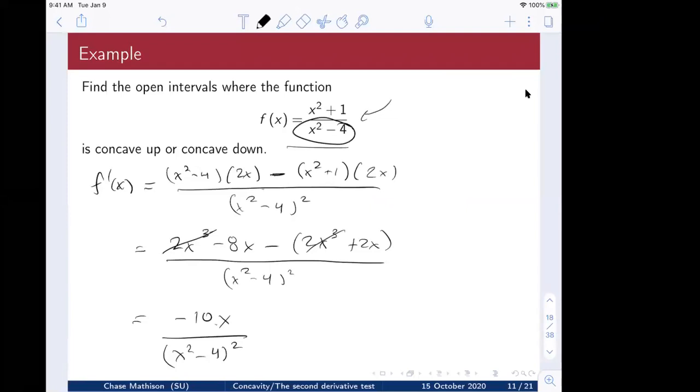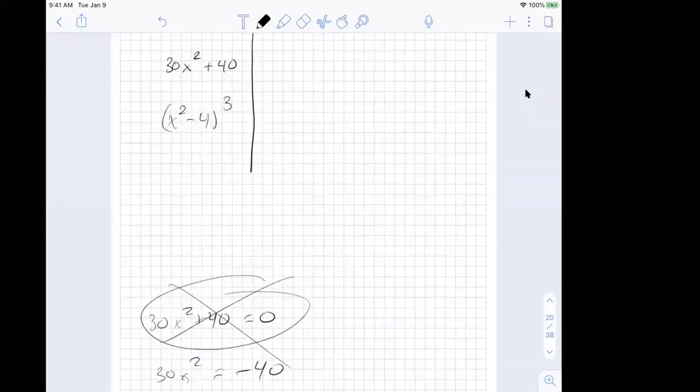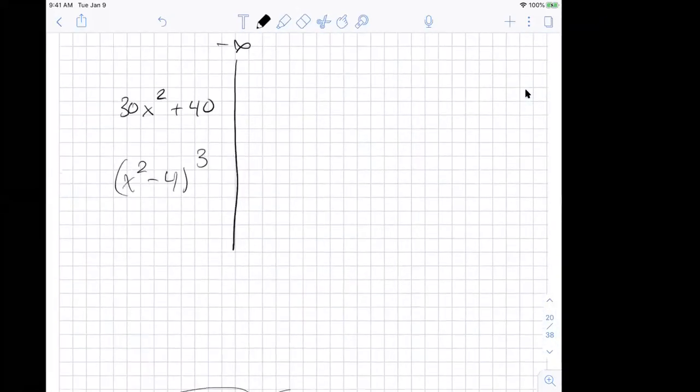If the bottom is 0, f is undefined. So you need to include those in your table because, even though there aren't any critical numbers there technically, or any place where f double prime is 0, because f is undefined there, the behavior of f could change at x equals plus or minus 2. So minus 2, plus 2, and then we go to infinity.